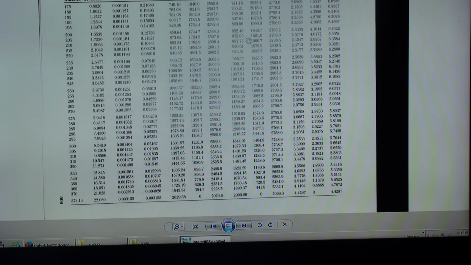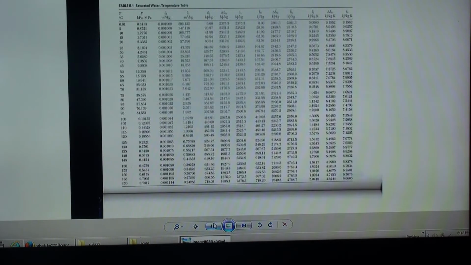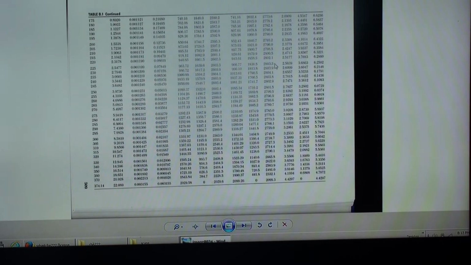So we look at enthalpy now. Which one's enthalpy? We have entropy on the last three, so it's the three before that. These three right here represent enthalpy.